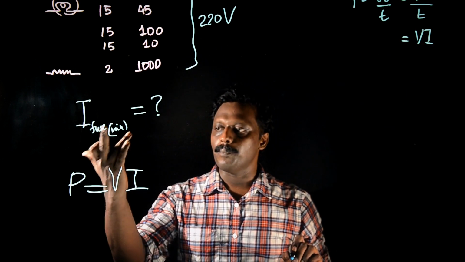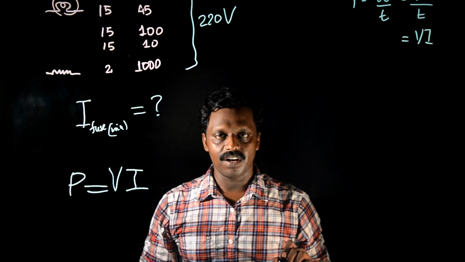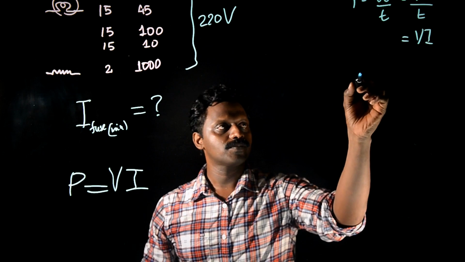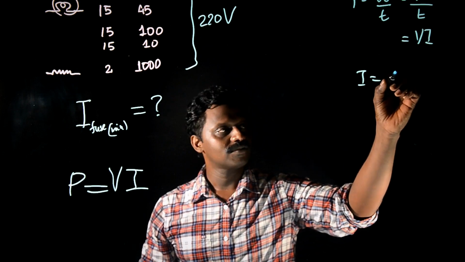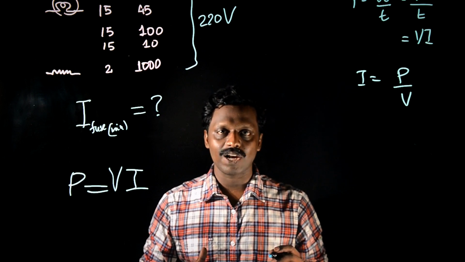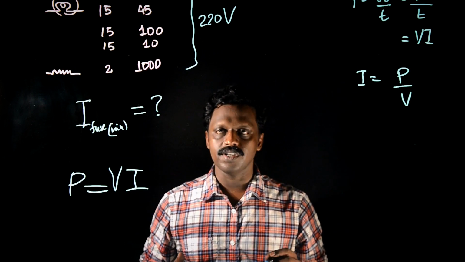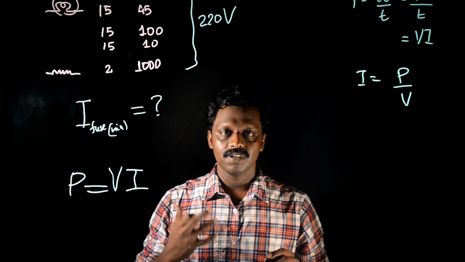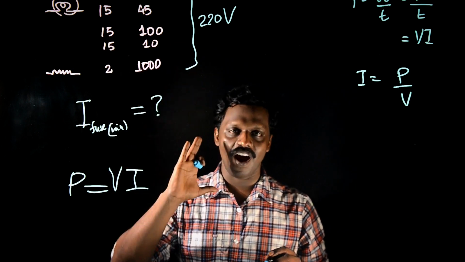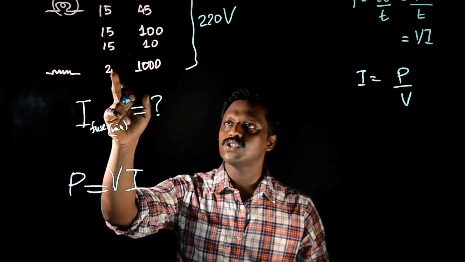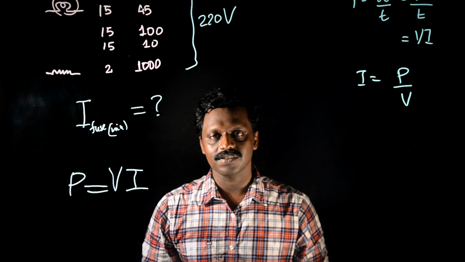In order to find out the minimum fuse current from these conditions, we have I is equal to P divided by V. For this, we have to calculate the total power, which is 15 multiplied by 45 plus 15 multiplied by 100 plus 15 multiplied by 10 plus 2 multiplied by 1000.